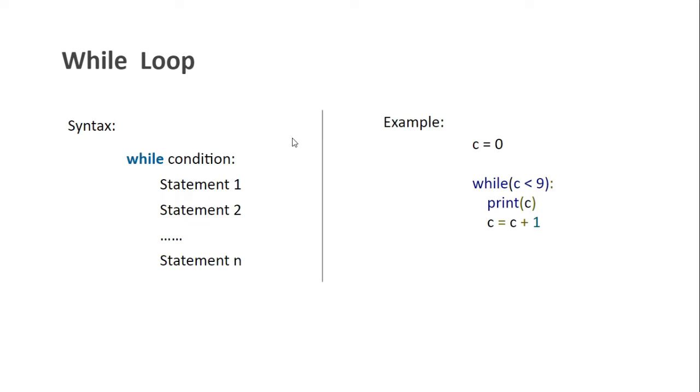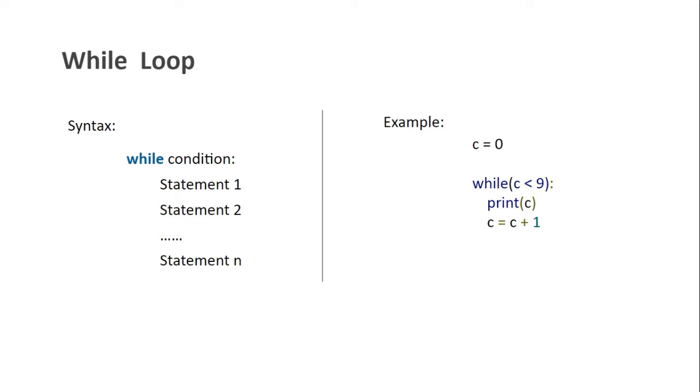Now we will run this code line by line. So let's start. Here c value is 0 and now it will check the while condition and yes, 0 is less than 9. So we will go inside the loop and print 0 and then we will add 1 to its previous value and now it becomes c equals 1.